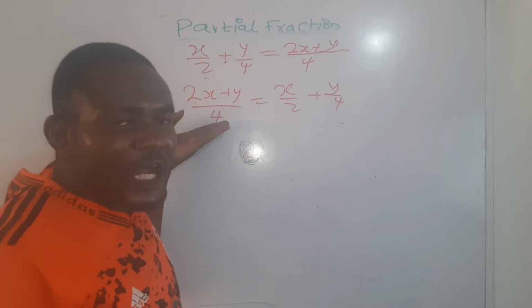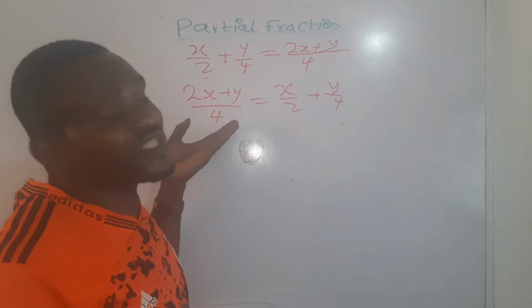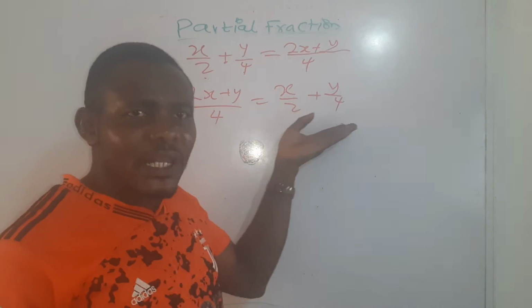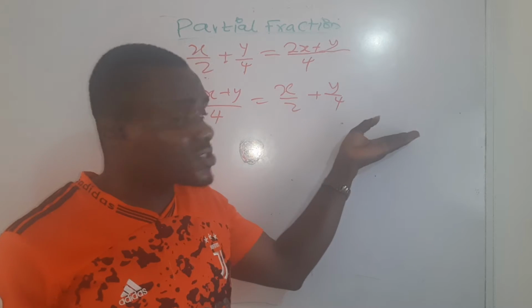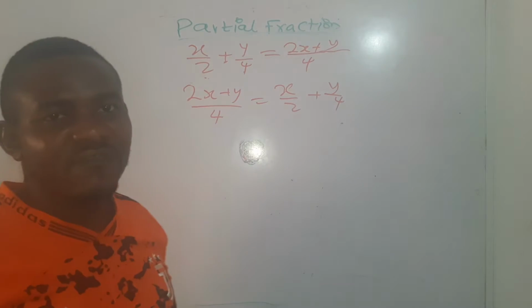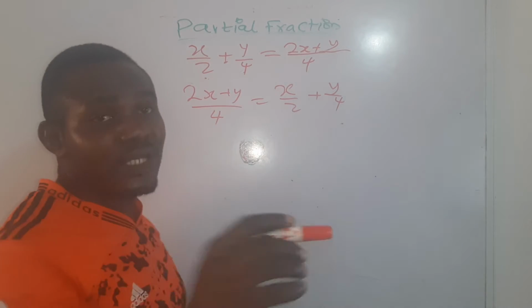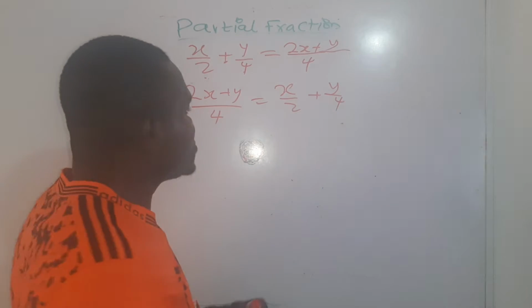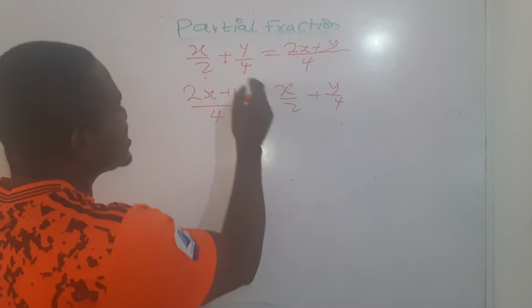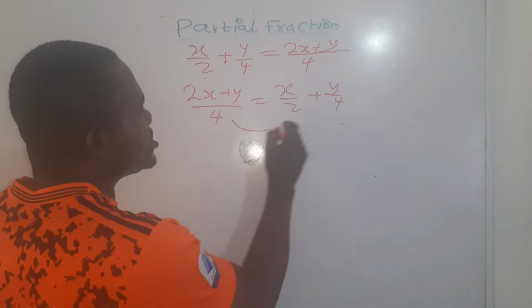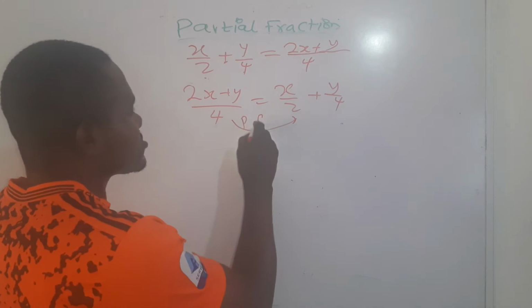Now, when you decompose this single fraction into smaller fractions, then it is called partial fraction. The way of simplifying or decomposing this is called partial fraction.